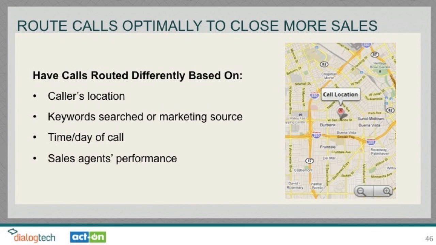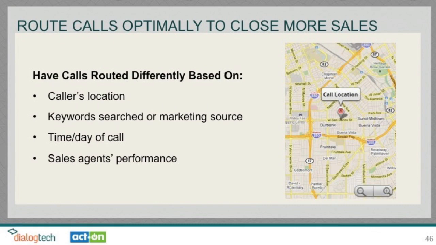You can also set up rules in order to route calls differently based on a wide variety of criteria. So for mobile specifically, because people are calling you from a smartphone, you can tell where they're calling from using cell phone triangulation technology. And you can route that call differently based on the physical location of the person.